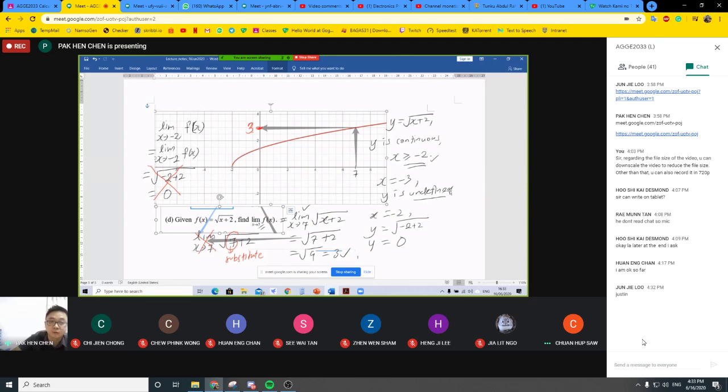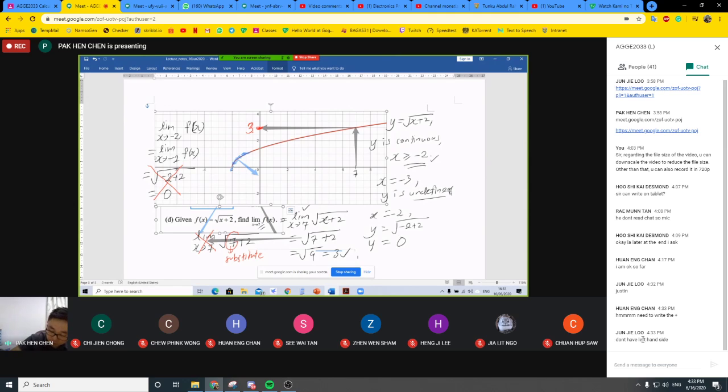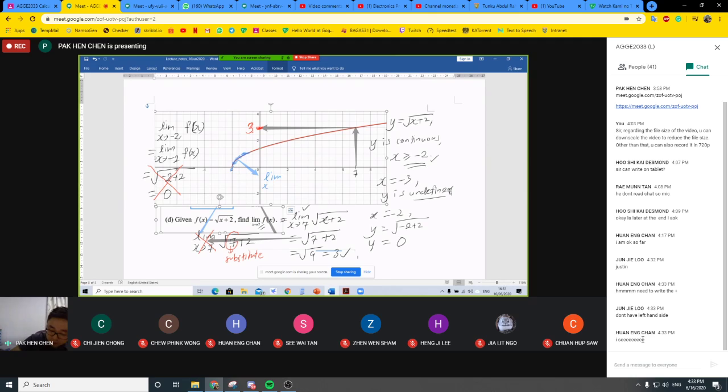We cannot substitute. Why? Because we only have a limit from the right. If the question asks us to find the limit as x approaches -2 from the right, yes, you may substitute, which is -2 plus 2, you get 0.